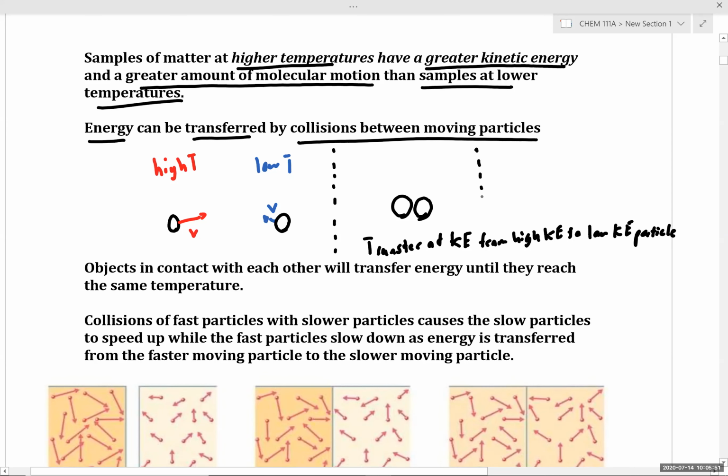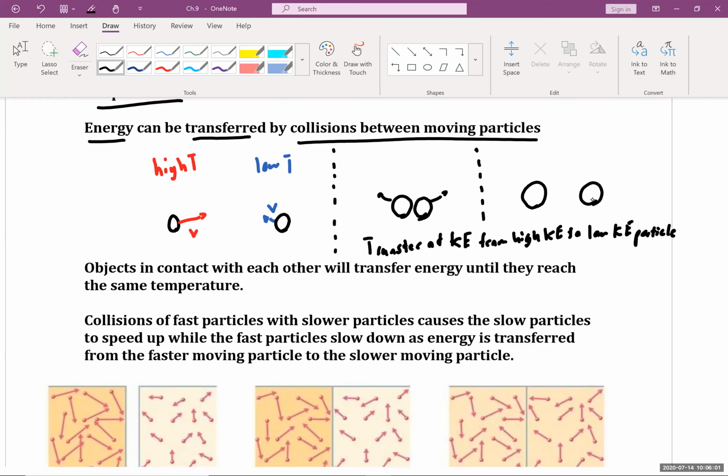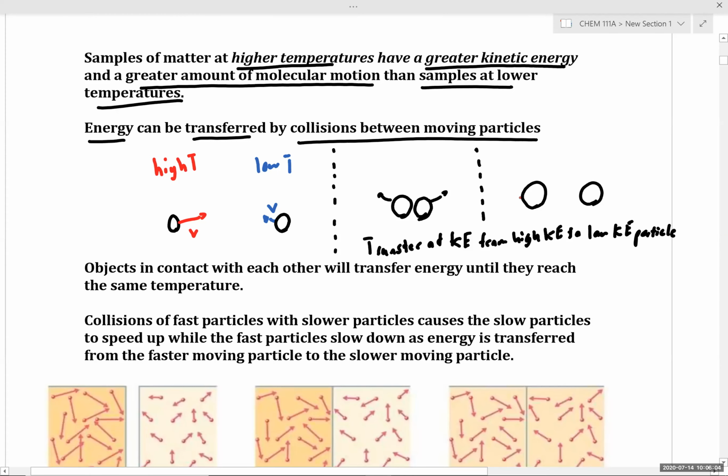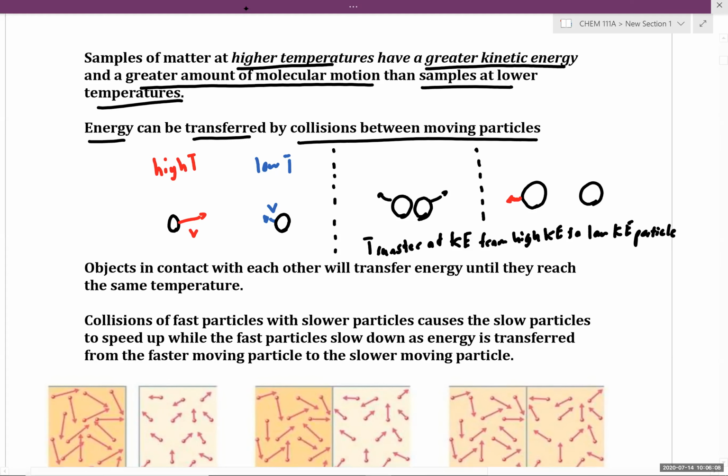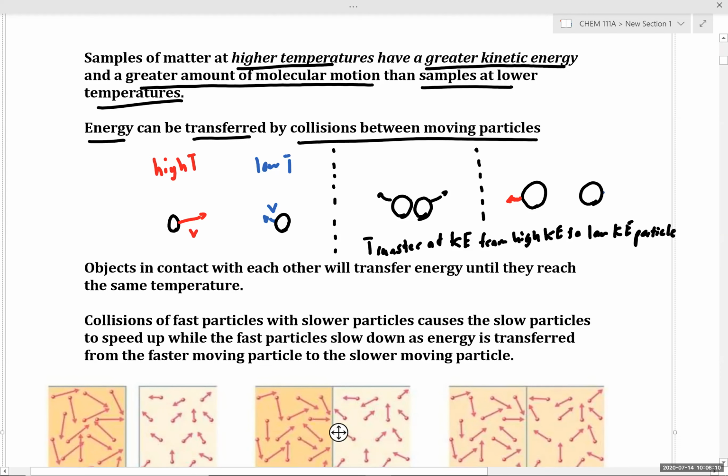So at the end of this collision, what immediately is apparent when we look at our two particles again is that now our high temperature particle has a lower velocity and our low temperature particle has a slightly higher velocity.